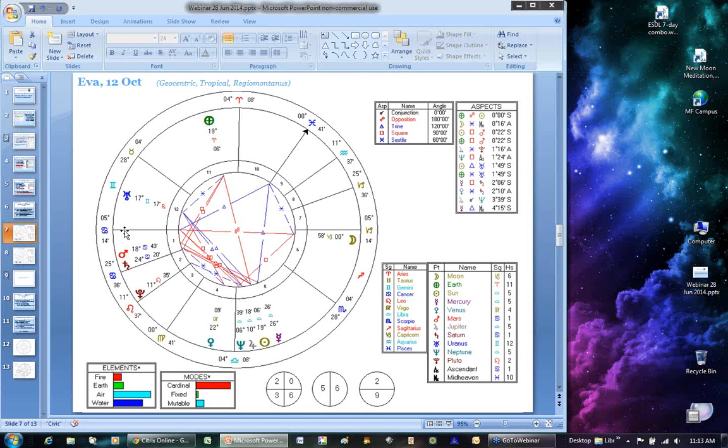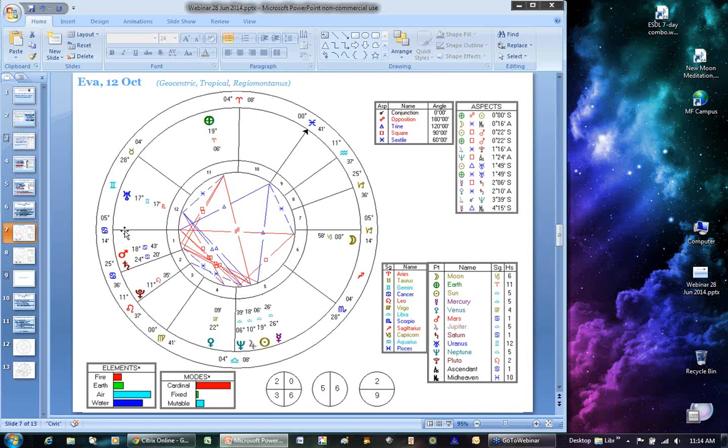It is ruled by, actually, before I speak about what it's ruled by, let's look at the keynotes. The keynotes are always very, very important for your sun, your moon, and your ascendant. The angle that represents the form or the personality angle is: let isolation be the rule, and yet the crowd exists.